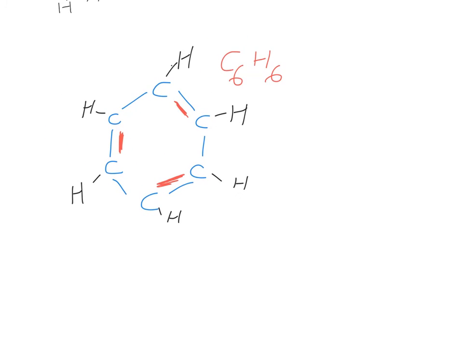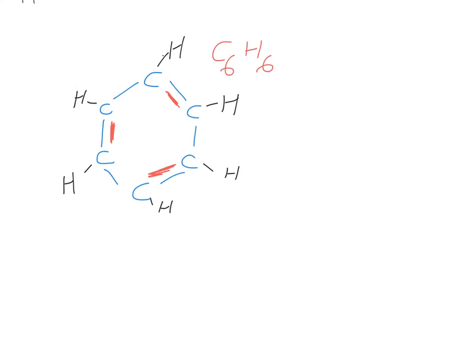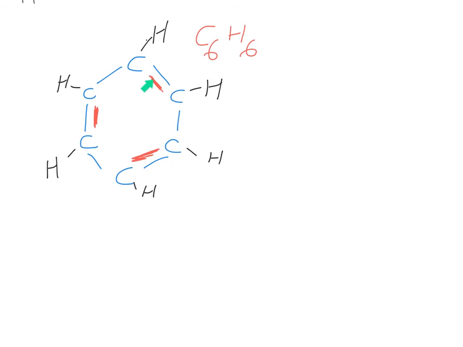Remember how I said I chose the location of my first double bond in this molecule completely at random? After all, why did I choose to draw my first double bond here as opposed to here? I mean, what would happen if I did that? Well, let's just take a quick look and draw another benzene molecule here.